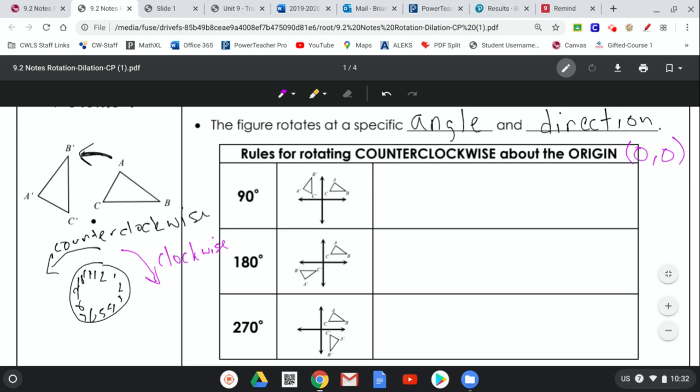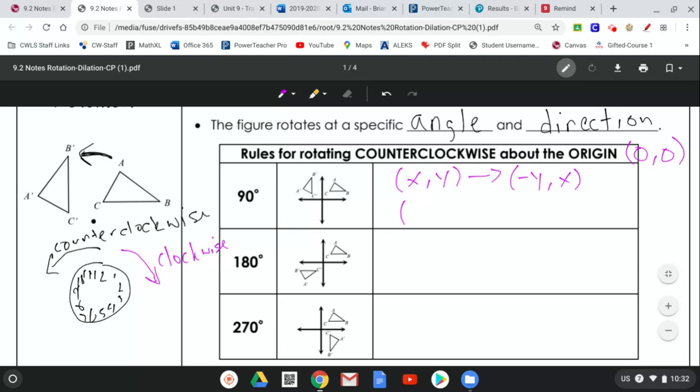If we have the coordinate x, y, this is saying for any ordered pair that we have, if we rotate that coordinate 90 degrees, it's going to have the new coordinate negative y, x. Okay, so I know we're using variables. I'm going to put an example underneath it. So if we have the coordinate, I'm just pulling this out of thin air, just making this up to make it easy on us.